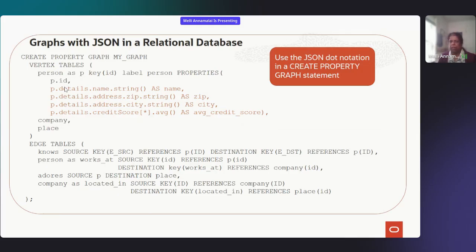I don't have to dump out everything and have all of this complex filtering. I can just say, this is my vertex table, and for each vertex, these are the columns I'm going to pick up as properties. I'm using the JSON syntax to reach in and get the right properties. And that's where the integration becomes really interesting.